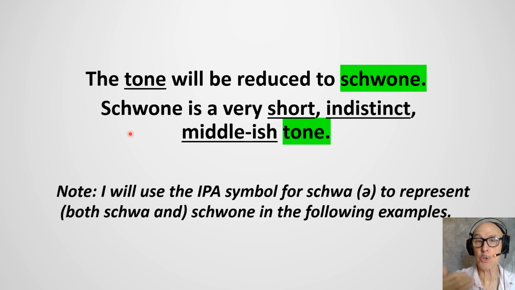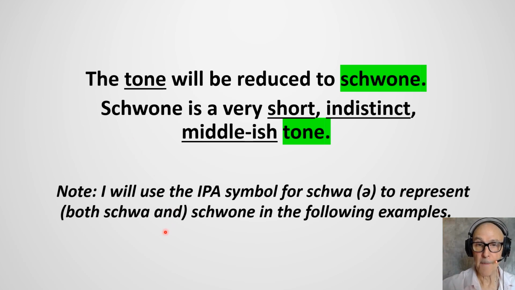The same thing is true with schwon. No matter what tone precedes it, no matter what tone follows it, schwon is never far away. So it's very easy to get to and very easy to get from schwon to whatever tone follows it.